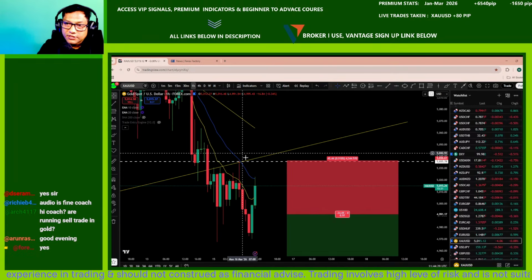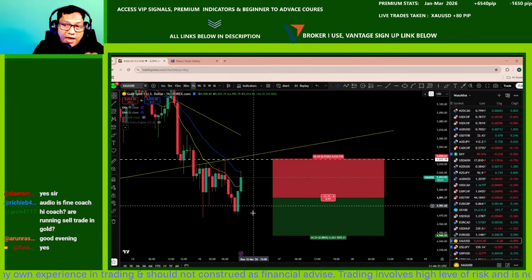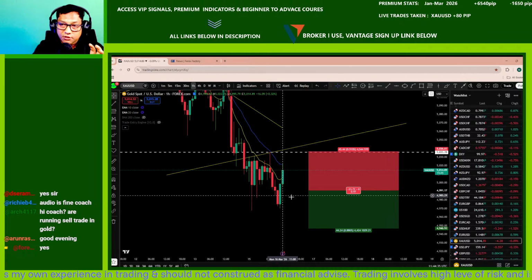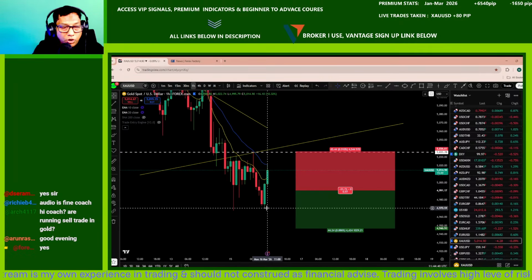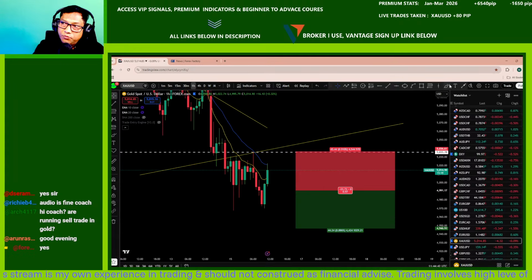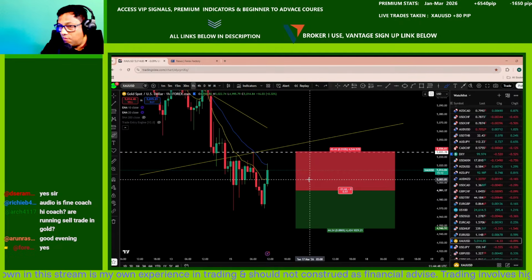So here is the key level the market is approaching. In this zone, this is what I was looking at. There are some key points that you can look at for the market to show an indication of what might be happening.